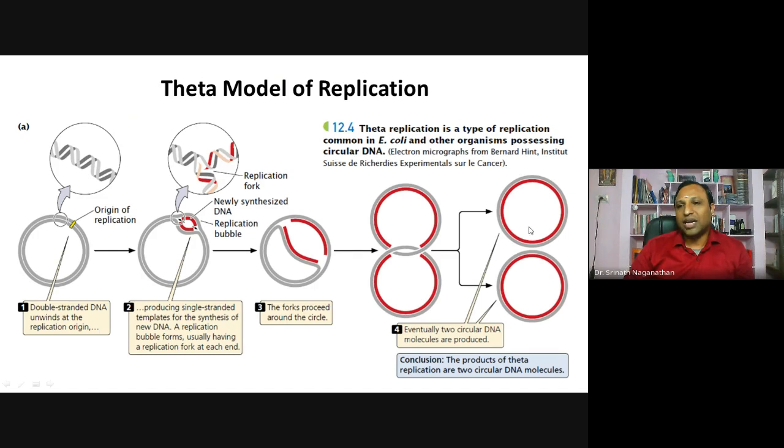By that time, the second strand completes the process of replication, and the other strand also ligates and completes replication. By this, we get two daughter circular DNAs. And as I said, during the process of binary fission, they get separated to different areas and the two cells are formed.